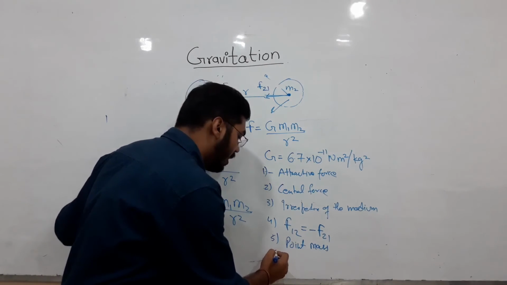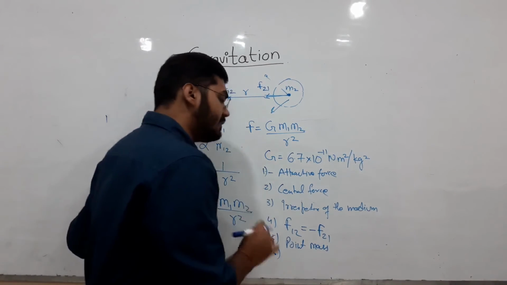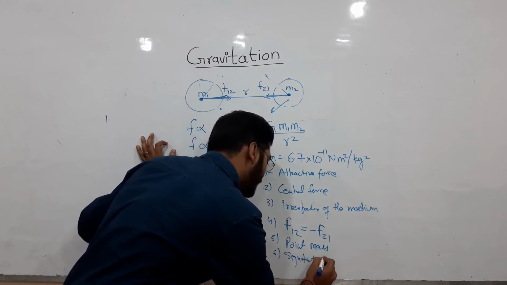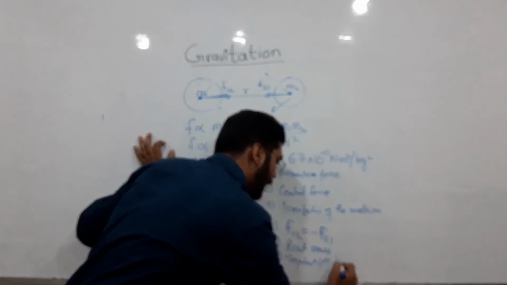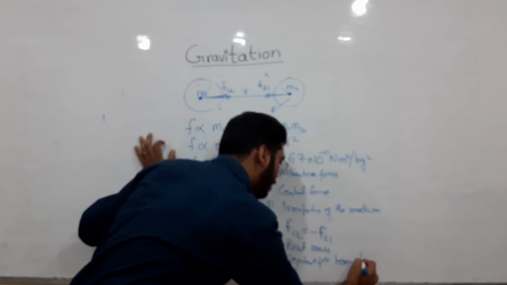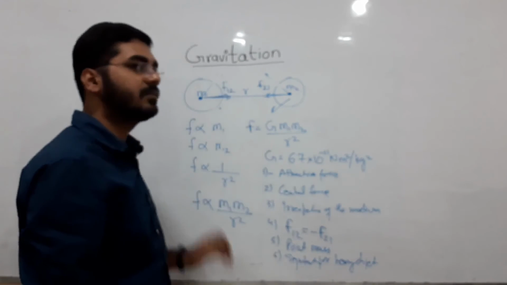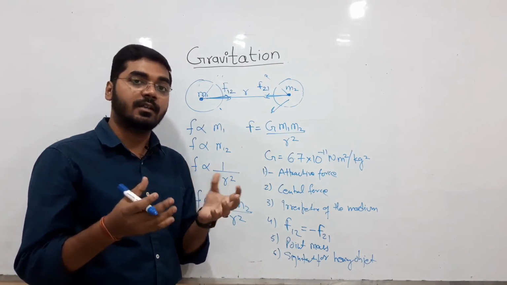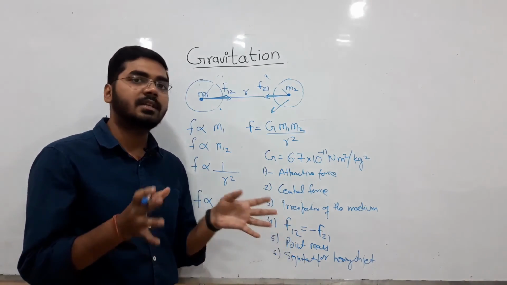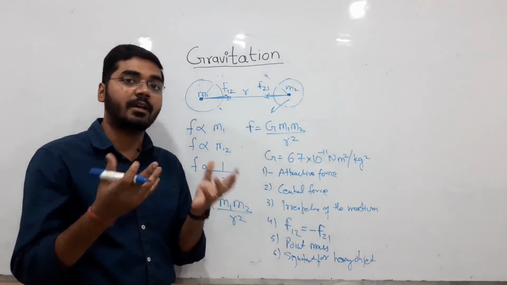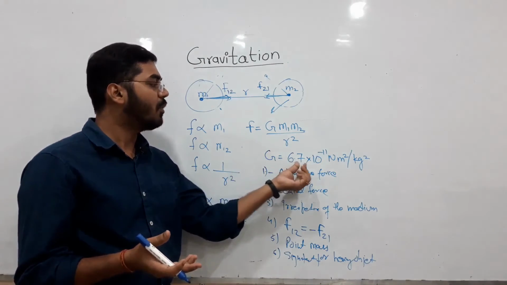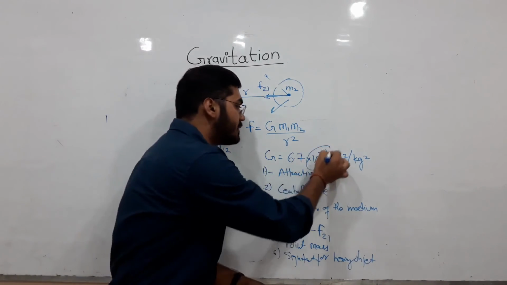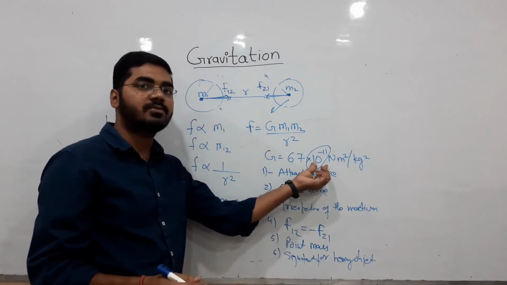And last but not the least, it is significant for heavy objects. How heavy? The size of the moon, the size of the earth, they are extremely heavy. If we consider this kind of object which has a greater mass, then this 10 to the power minus 11 Newton meter square per kg square is an extremely small value.